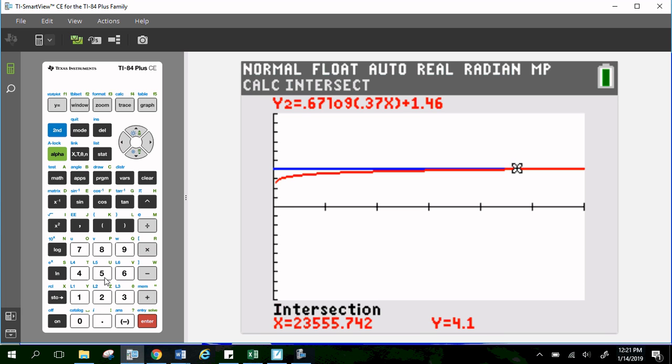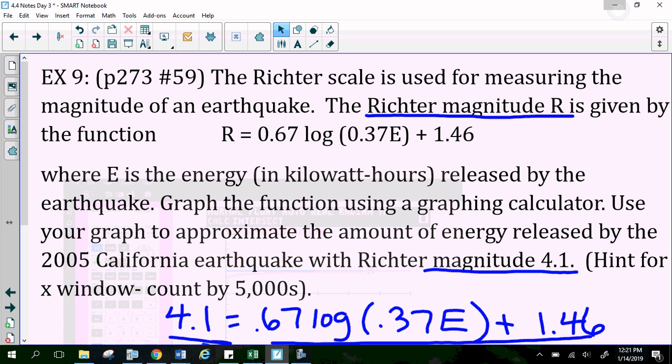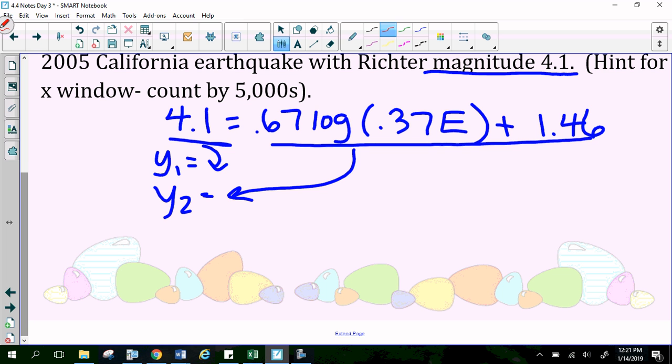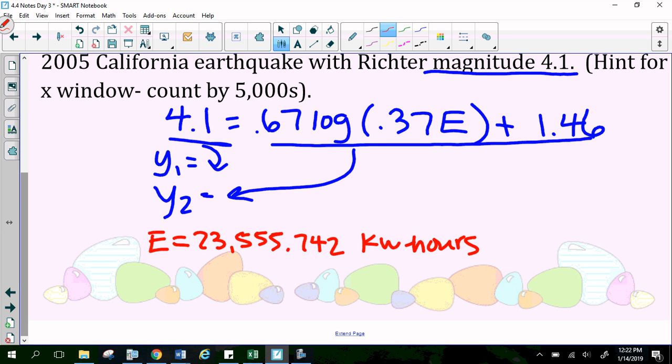So I'm going to go back, and that is my answer to the question. So that is energy, and energy was in kilowatt hours. So my E is 23,555.742 kilowatt hours. So that is how much energy has been released.